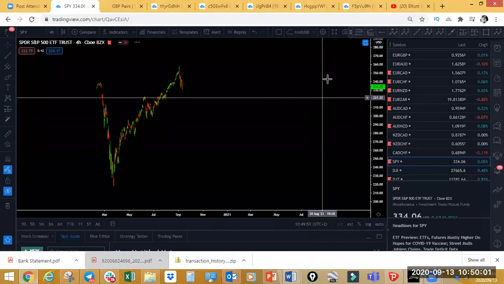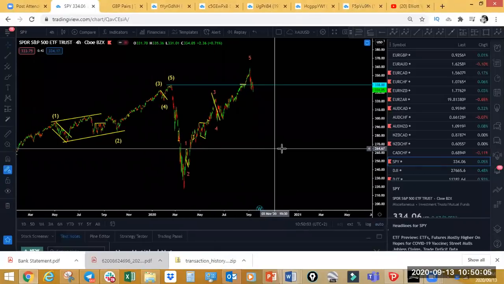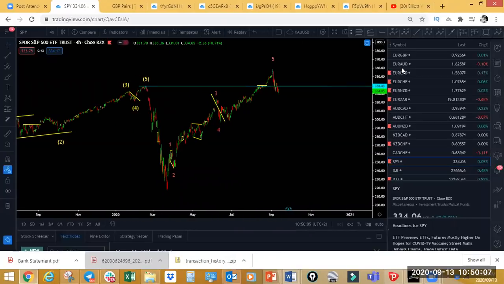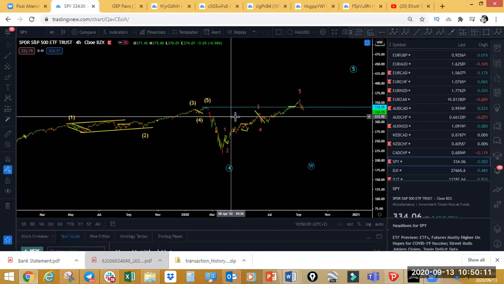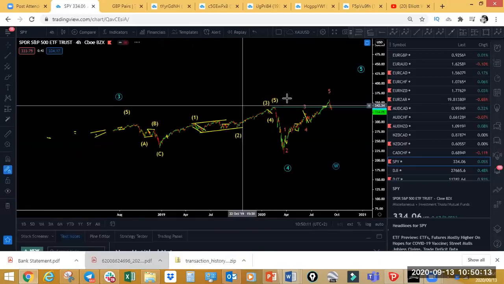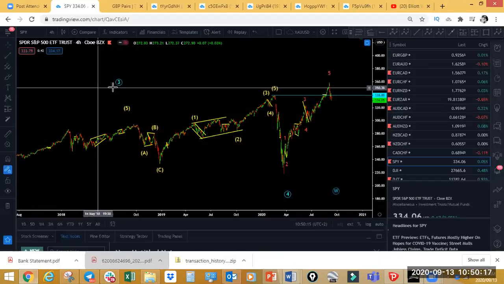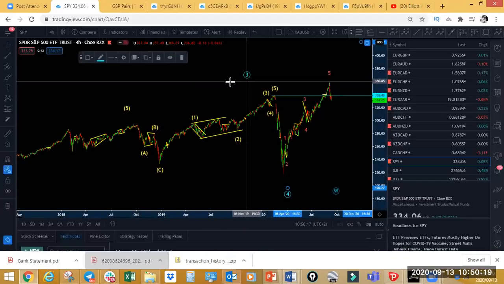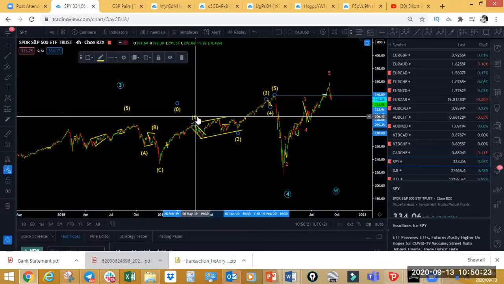Now the indices are fairly simple currently, showing the simple 3-wave structure. So we've got towards the end here on the S&P 500. Let's see here, ABC, this one should be adjusted.